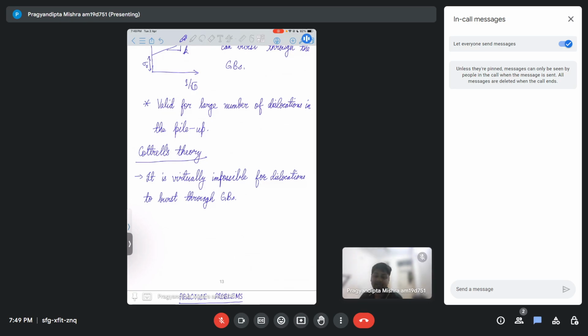So what Cottrell said was, the stress concentration produced by pile-up in one grain activates dislocation source in the adjacent grain. Okay.